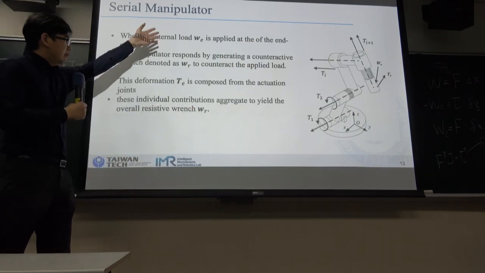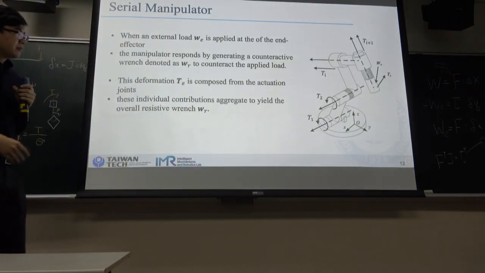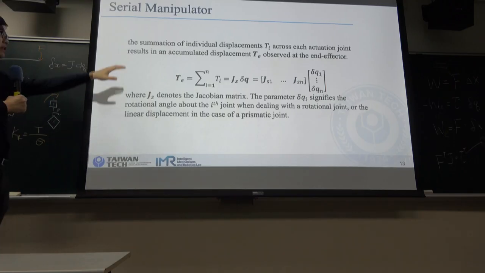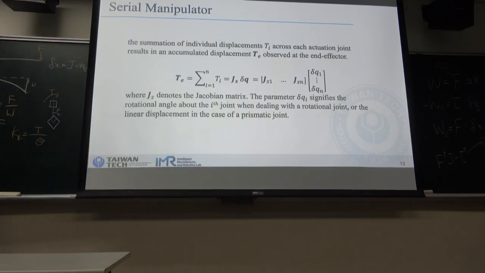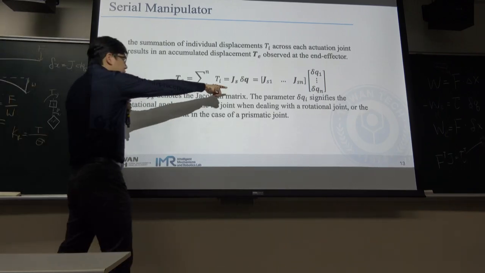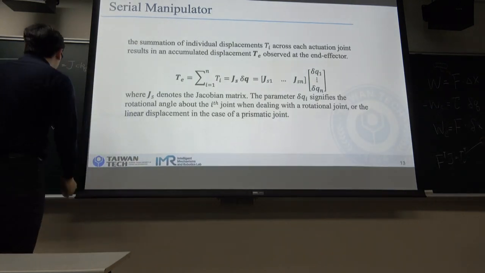So this is the relationship of the deformation and the force. Together we can write our equation as the summation of the individual displacements. This is the deformation of the joint.